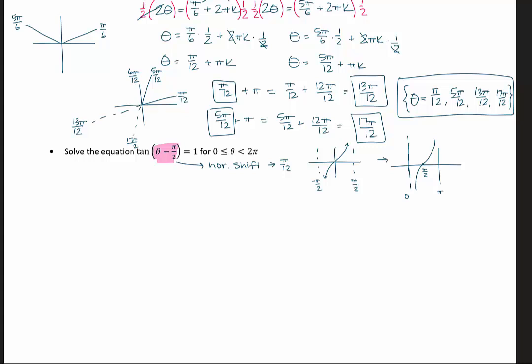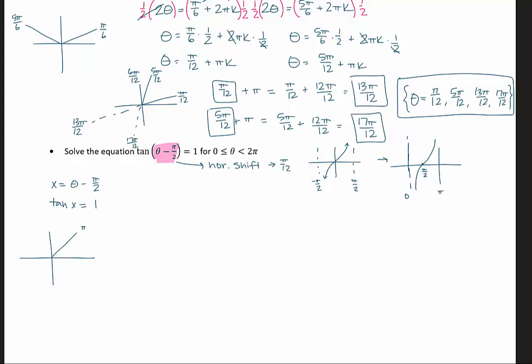So when I look at this, I'm going to also substitute x for theta minus pi over 2 and solve it the same way that I did above, except instead of multiplying by 1/2, I'm just going to have to subtract something or add something. So I'm really looking here when tangent of x is equal to 1. So if I think about on my graph, tangent's positive in 1 and 3, I have to have the same 2 values.